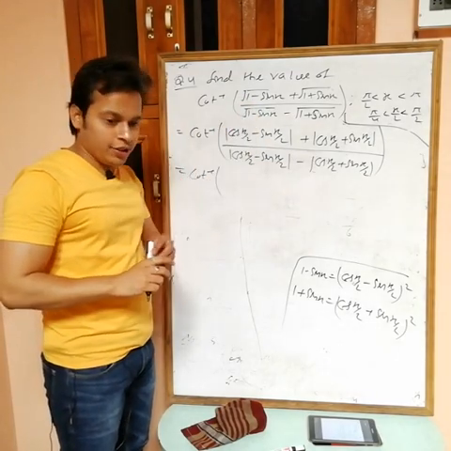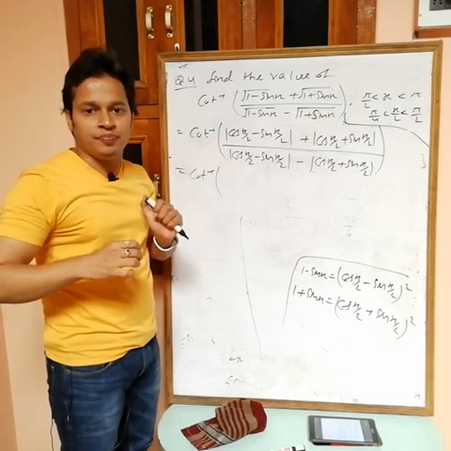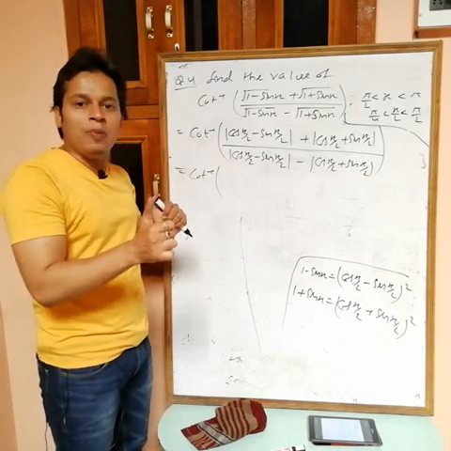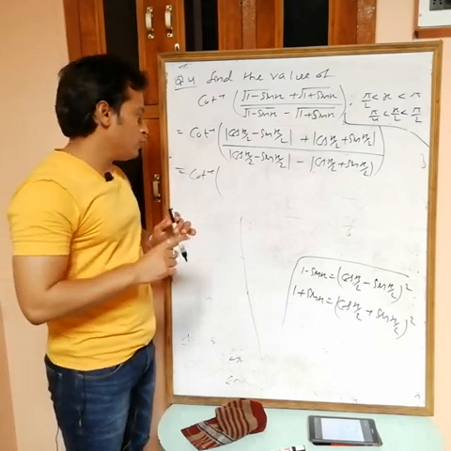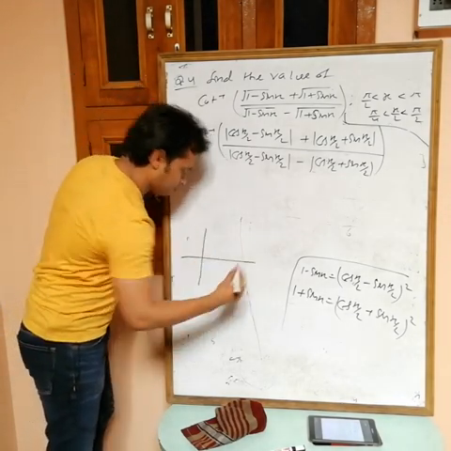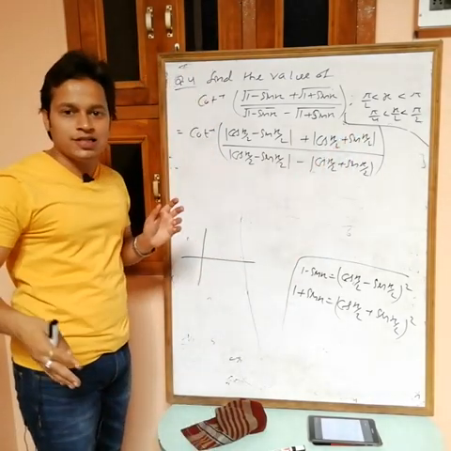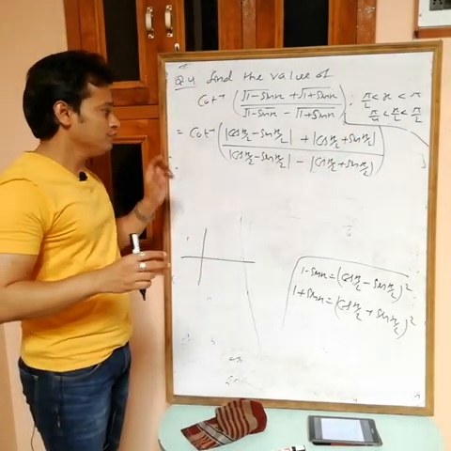Now remember one thing, that from 0 to pi by 4 cos is greater than sin, and from pi by 4 to pi by 2 sin is greater than cos. How can I say that? For x by 2, I have two options, either take an example or use a graph.